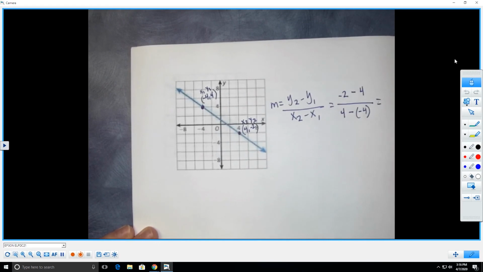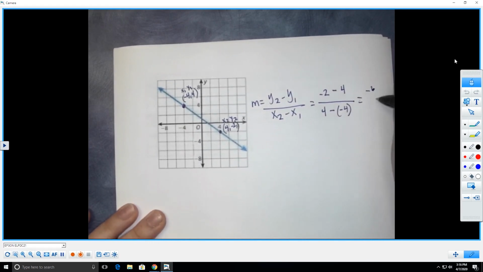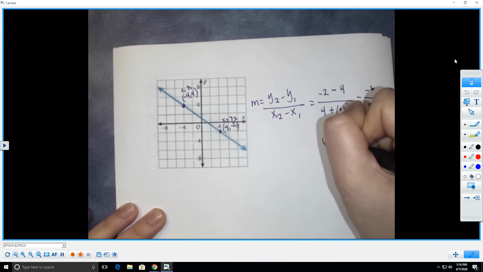So when I calculate that, I get -6 over 8, which simplifies to -3 over 4.